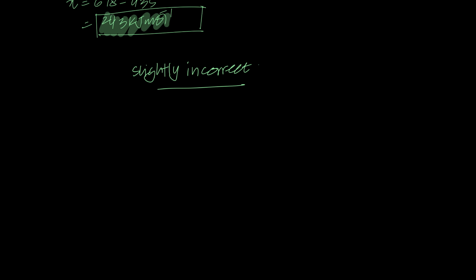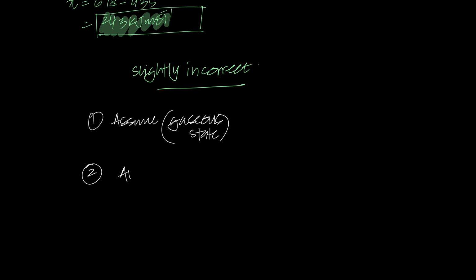One of the most important reasons is, number one, we assume that everything is in its gaseous state, even though some alkenes may be liquids, and H2O may be liquid. But the most important reason is that we take average bond enthalpies.